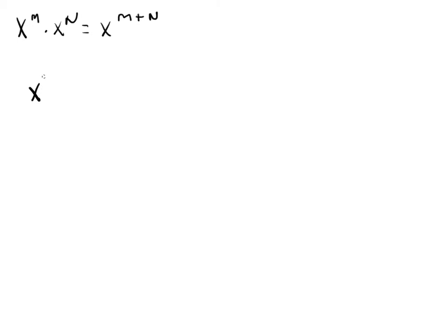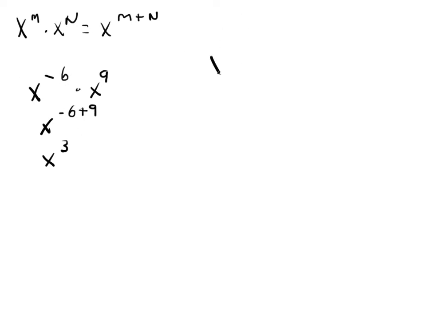If we take a look at x to the negative sixth times x to the ninth, again, the rule doesn't change. I simply take x to the negative 6 and add the 9 exponent to it, and we end up with x to the third.